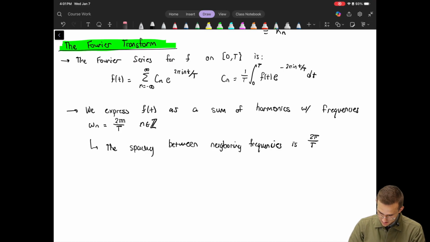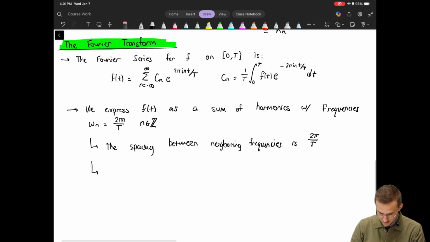So what we're going to do is a little bit of a trick. We're going to make the f of t sum look more like an integral.